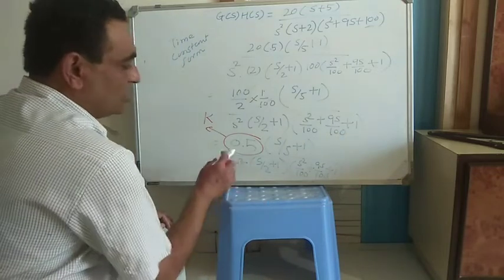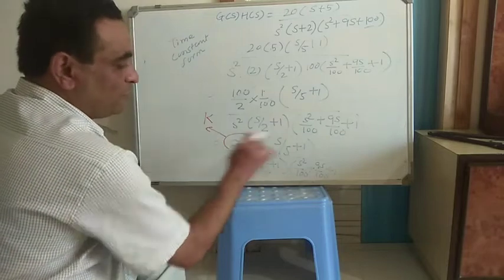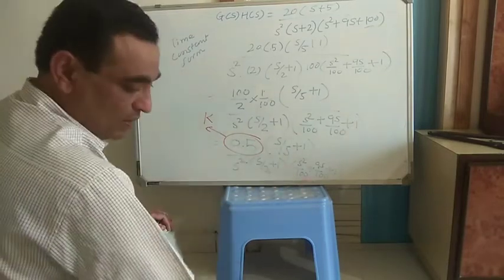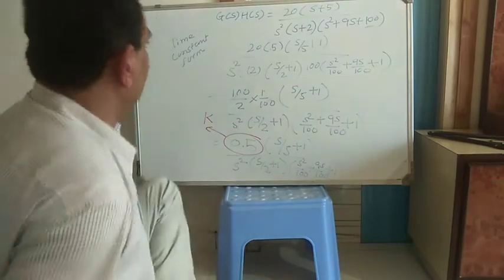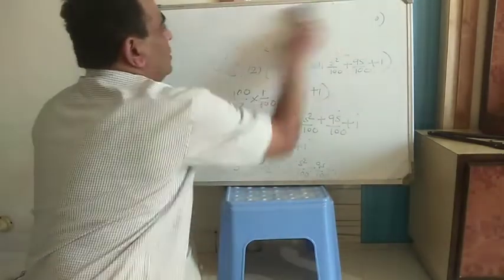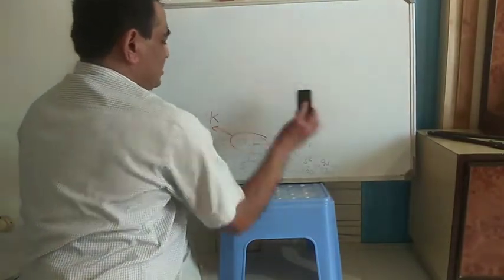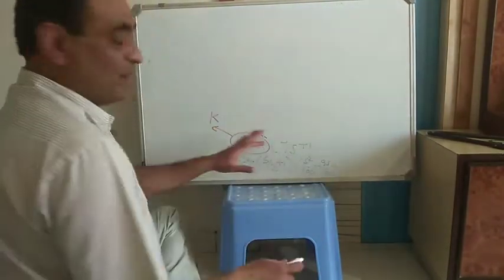So I got the time constant form of the transfer function as 0.5 into (s by 5 plus 1) and so on. So now I need to find the phase equation. So I will replace s by j omega.